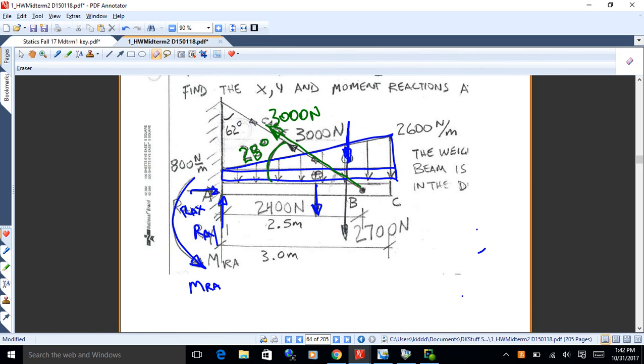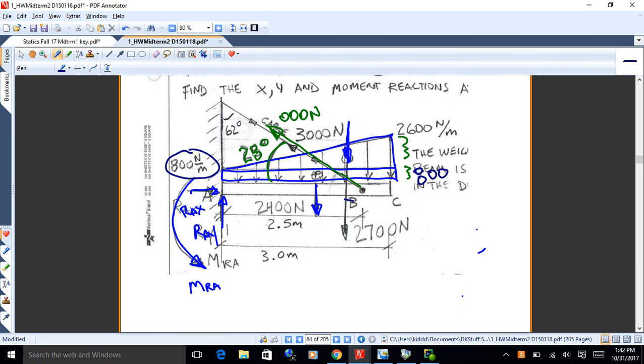So remember, you're gonna break up that triangular load. You're gonna have two parts to it, a top and a bottom. The bottom is 800, and then you'll have to figure out the top. Okay, so this height here is 800. That comes from this number right there. So you're gonna have an extra height for the triangle.